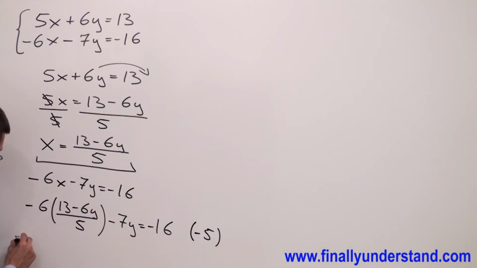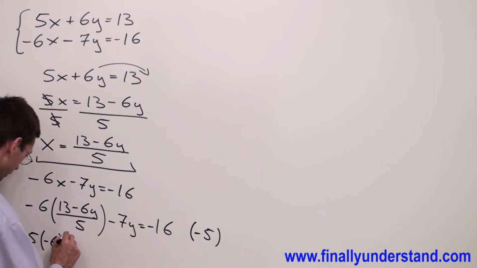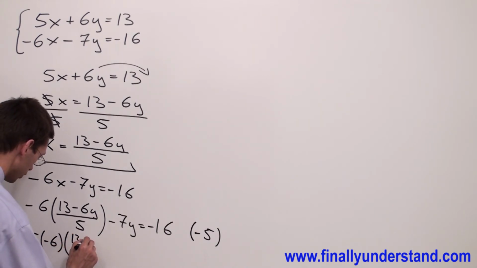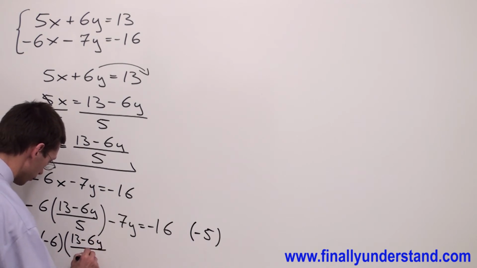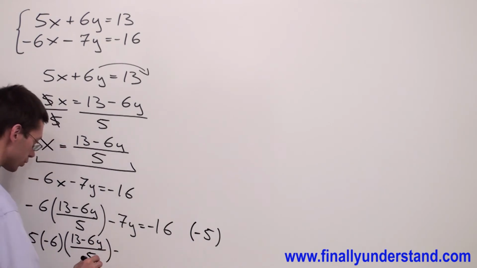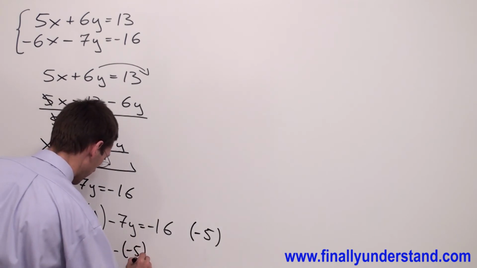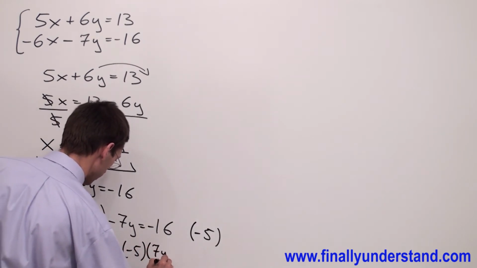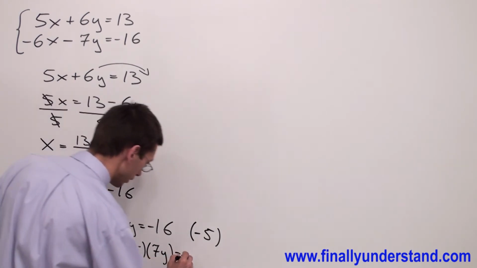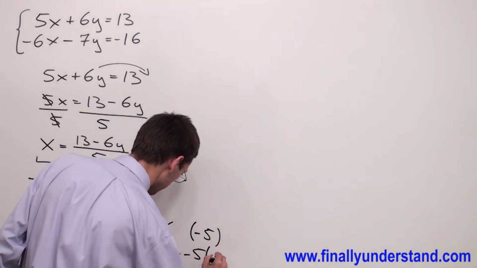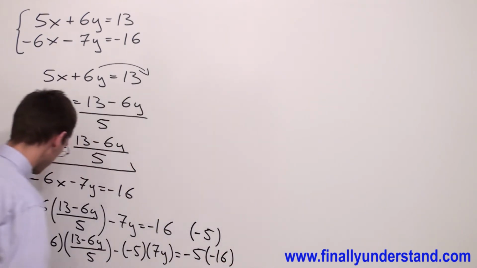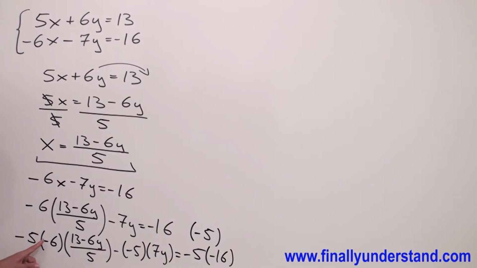We have negative 5 times negative 6, and I have the fraction 13 minus 6y over 5, minus negative 5 times 7y equals negative 5 times negative 16. Negative times negative will give me positive. Okay, I'm going to cross them out. And I have 5 and 5. They are going to cancel out.